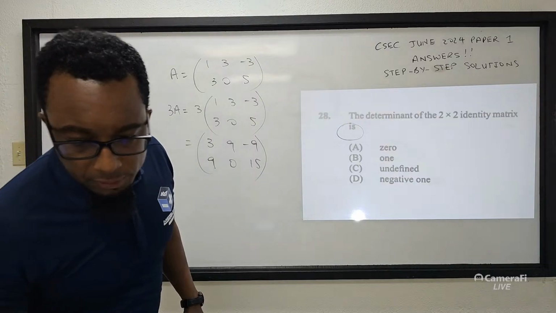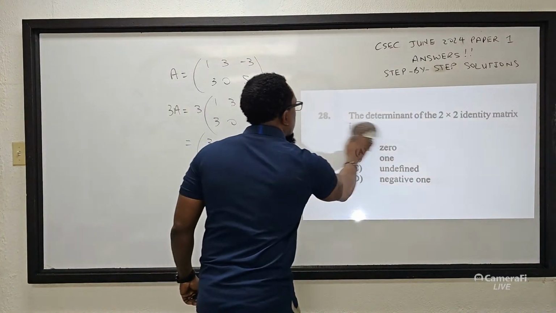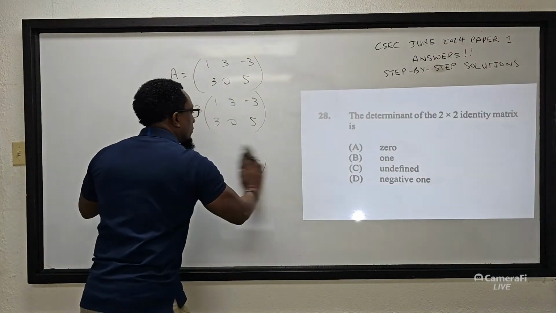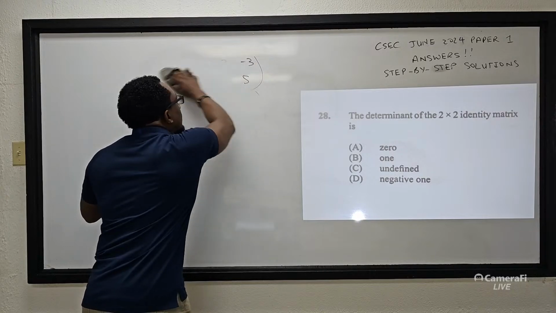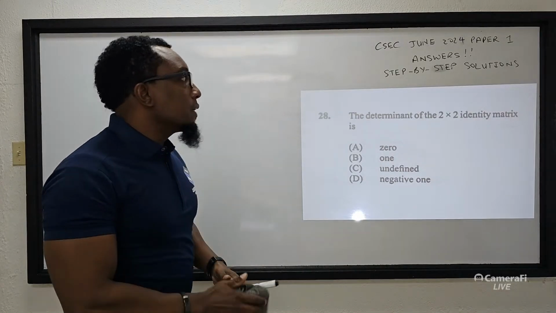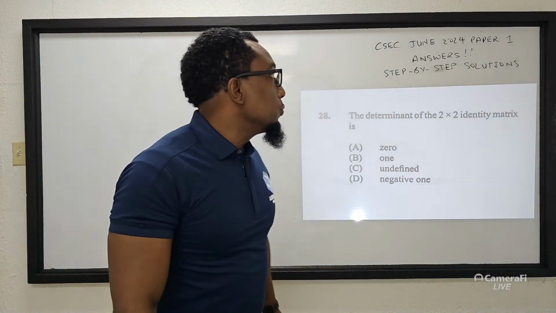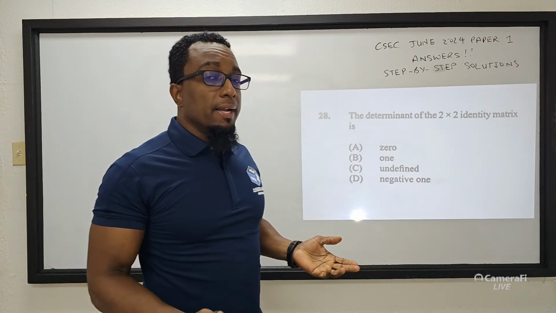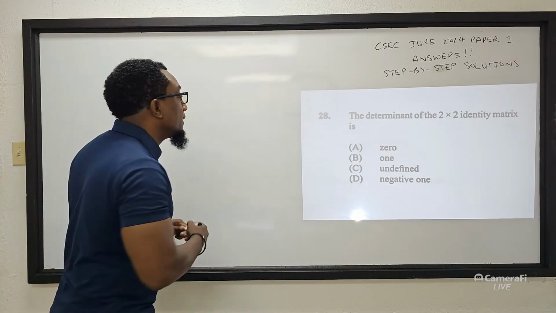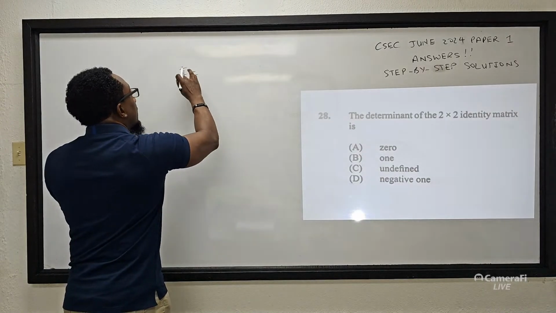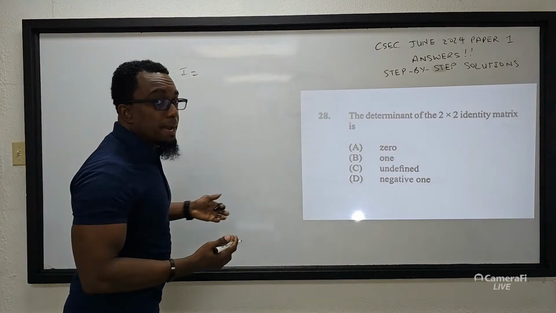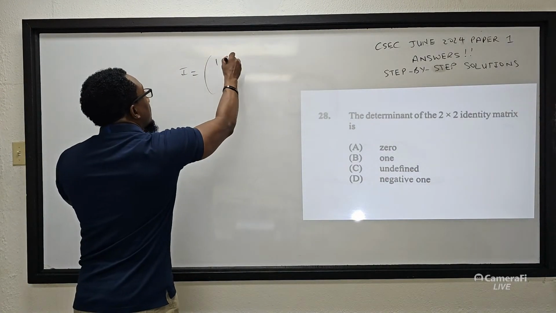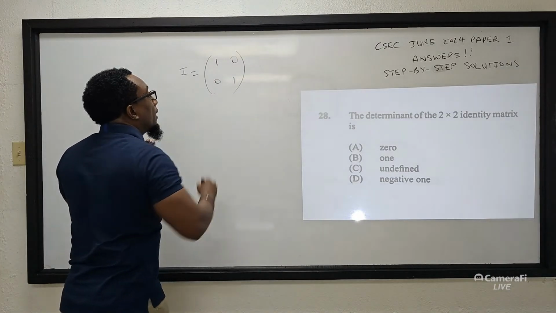Let's look at question 28. So we have the determinant of the 2 by 2 identity matrix is. So first we need to recognize what's the identity matrix. So the identity matrix is denoted by I, and the standard matrix is 1, 0, 0, 1.